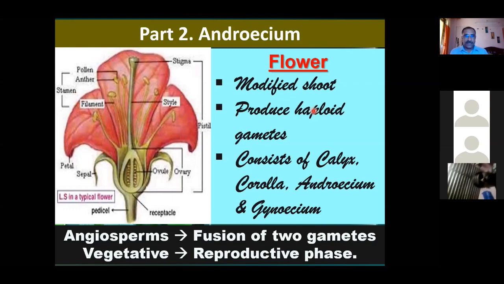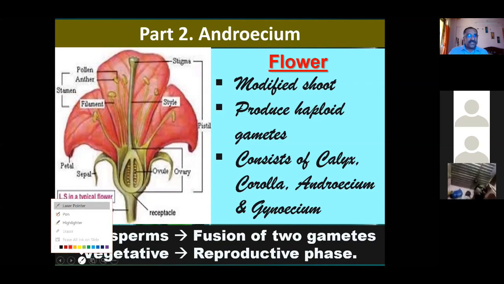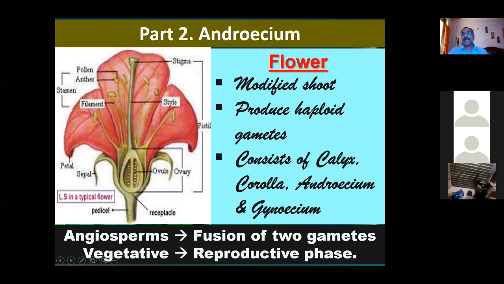Then we have seen that in all angiosperms there are two phases, a vegetative phase and a reproductive phase. And finally, we have seen that all these flowers produce gametes, and these gametes are haploid in nature. Okay, now I want to go to the next slide.